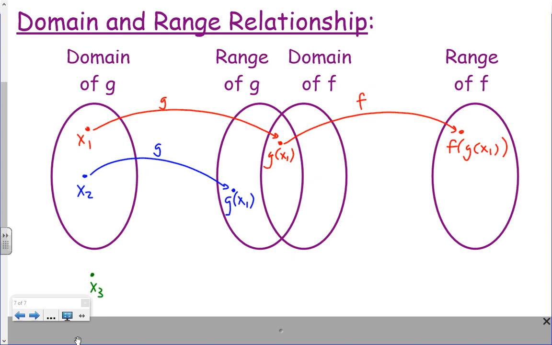Sometimes, like you see in red there, we get values that we can plug into each function and get a result at the end. Sometimes, like you see in blue here, I only get a value from the first function, the inside function, but I can't plug that result into the outside function. Or maybe, like we see in green here, I can't even plug that into my inside function, g of x.